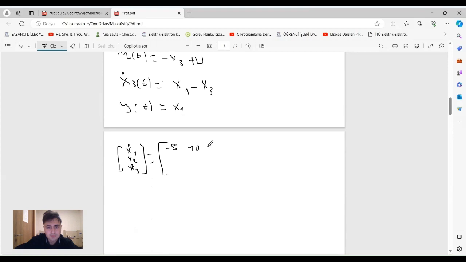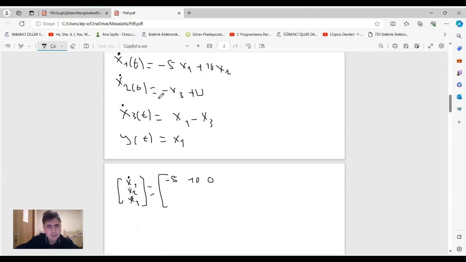Let's continue. The second row only has minus 1 for x3, so 0 for x1, 0 for x2, and minus 1 for x3. Then 1 for x1, 0, and minus 1 for x3.